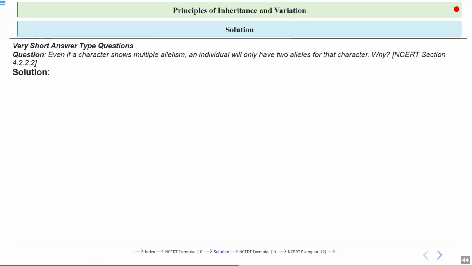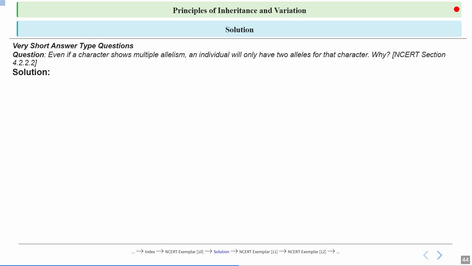Okay, next question. Even if a character shows multiple allelism, an individual will only have two alleles for that character. See, a diploid organism has only a pair of alleles. One allele it inherits from the father, another allele it inherits from the mother.